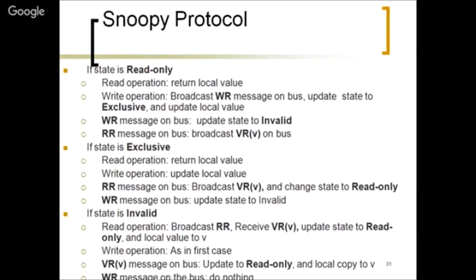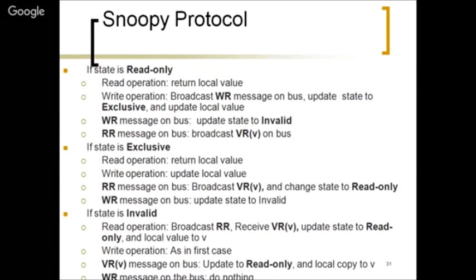Now, if the state is already in exclusive mode, then obviously they're going to write something. If it is a read operation, it will return the local value, as we did in the first case. If it is a write operation, it will obviously update the value. Then if you put the read request message on the bus, again it will be followed by the VR message.